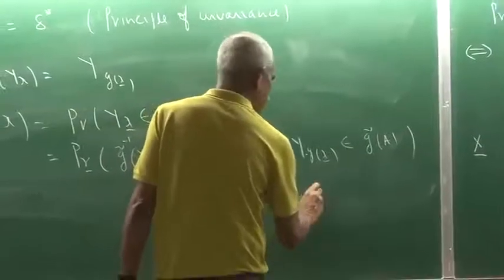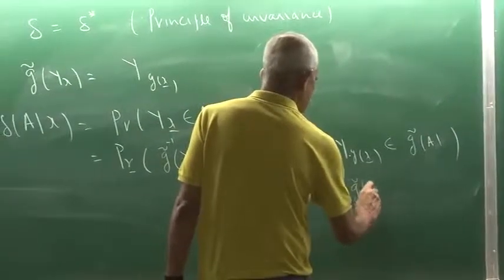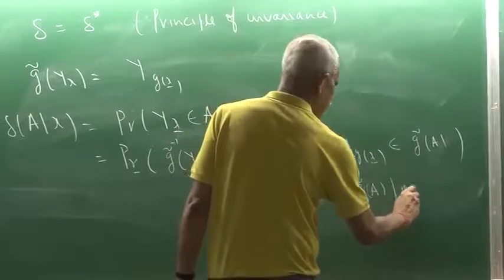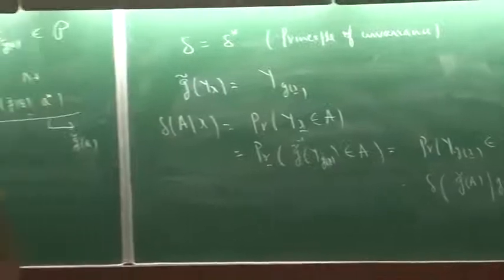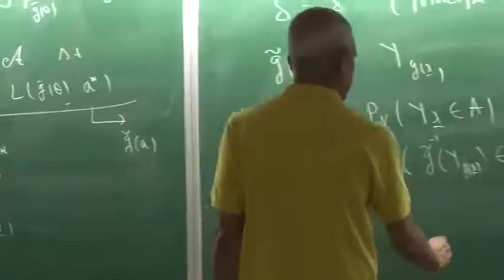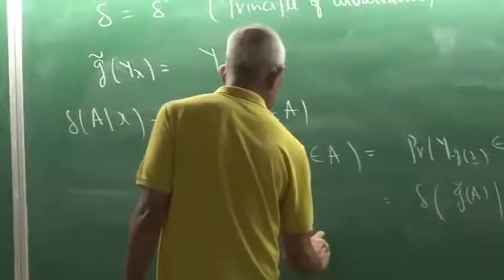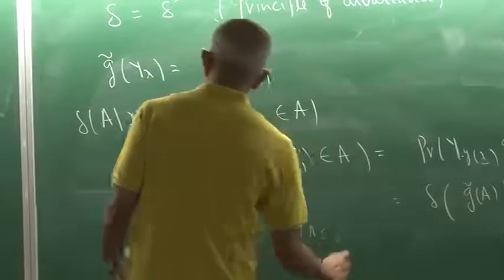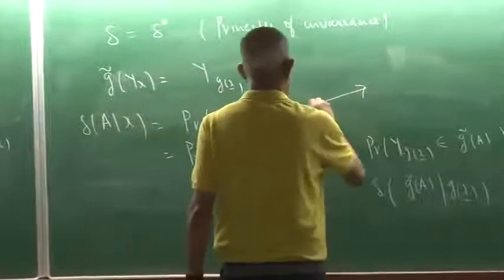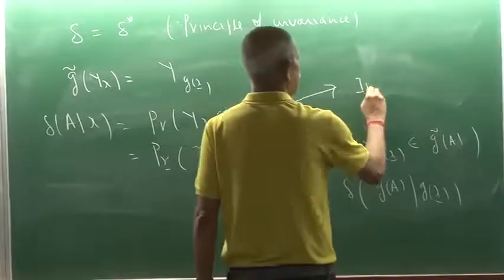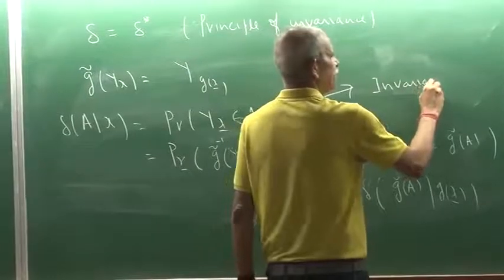That is the same as delta of g tilde a given g of x, for any set a, for every a. So it says my decision rule should satisfy this. Now this is nothing but the definition of invariant decision rules.